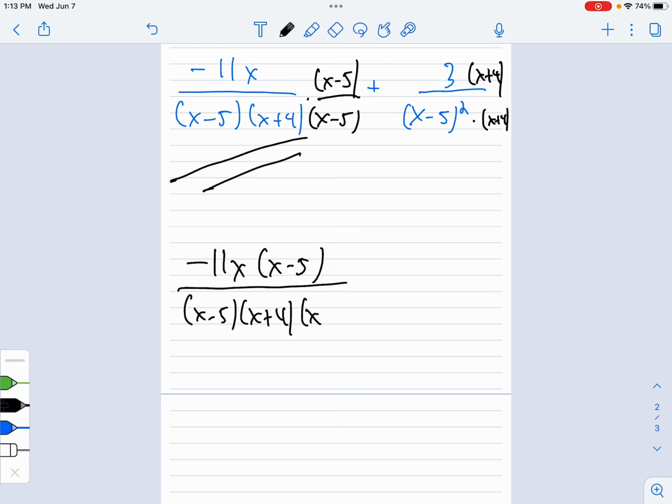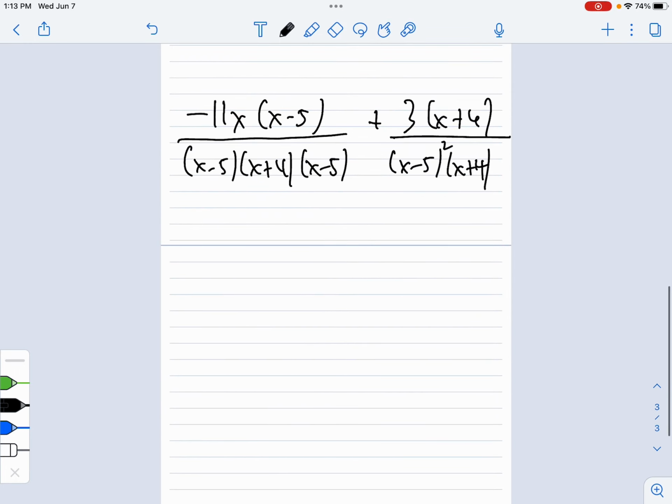So the next thing is adding these two fractions together. We can add them because they have a common denominator. Plus 4, and then x minus 5 squared. What I like to do is, these denominators are equivalent, they're just not written the same.